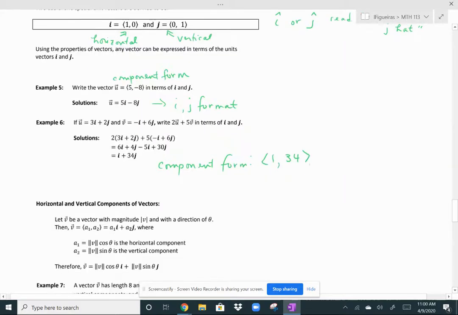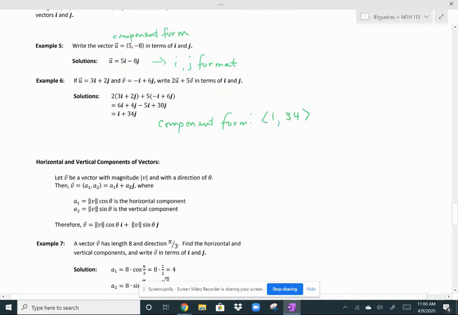Okay, let's talk more about components. So if we let v be a vector with magnitude |v|, and remember this notation means the same as this notation, this is magnitude. If vector v has a magnitude of |v| and a direction of theta, then you can find the components a sub 1 and a sub 2 with these two formulas right here. a sub 1 is the magnitude times the cosine of the angle.